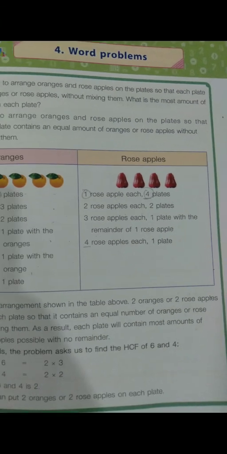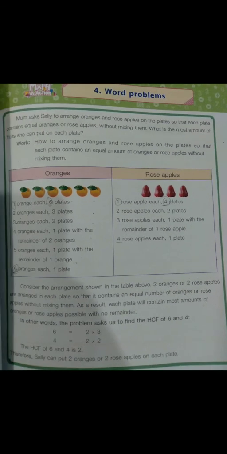So consider the arrangement shown in the table above. 2 oranges or 2 rose apples are arranged in each plate so that it contains an equal number of oranges or rose apples without mixing them. As a result, each plate will contain the most amount of oranges or rose apples possible with no remainder.